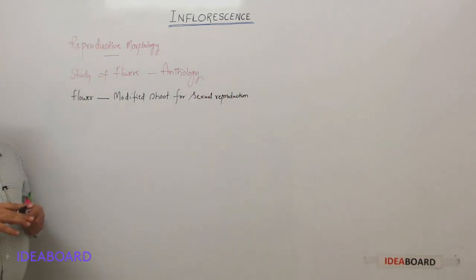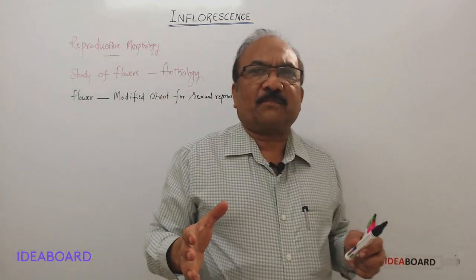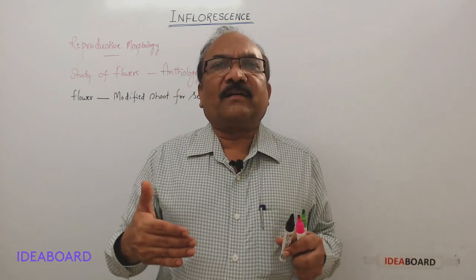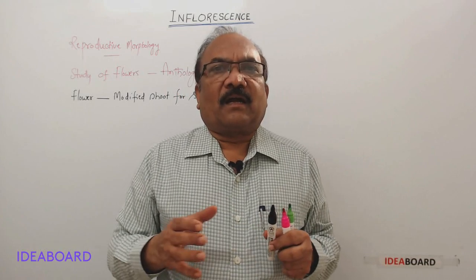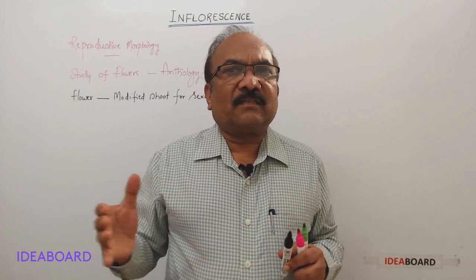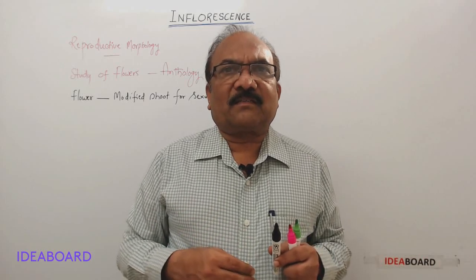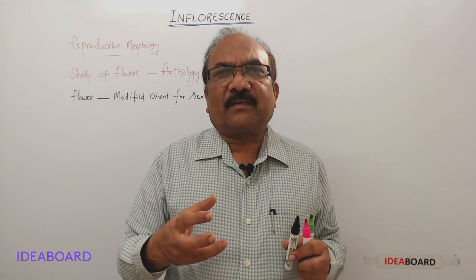From the statement you have to understand, a flower is not a special organ. It is a modified organ of the shoot system. And how can we say that it is a modified part? What are the evidences to prove that the flower is a modified part?